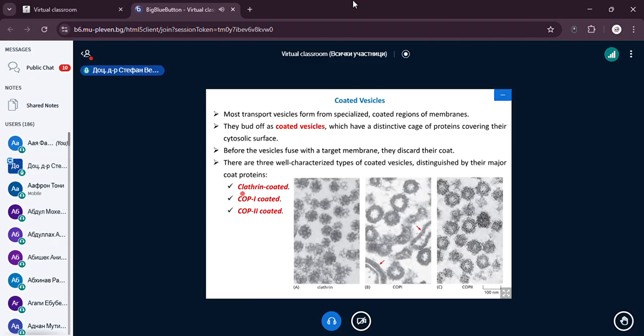The most well-known and the most abundant type are the clathrin-coated vesicles. Then we have vesicles coated with coatomer proteins, coatomer type 1 protein and coatomer type 2 protein. And here you see electron micrographs showing different vesicles: clathrin-coated, coatomer type 1 coated vesicles, clathrin-coated vesicles.